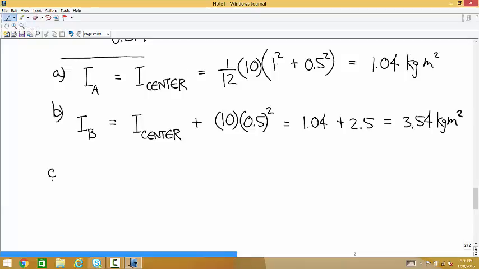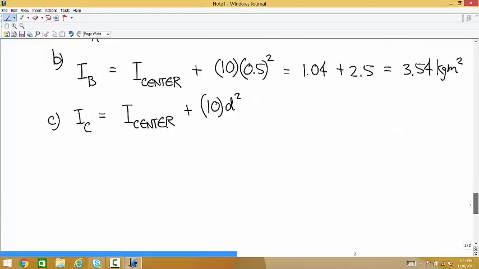And then the last one, the moment of inertia about C. So this is the moment of inertia about the center plus the mass times a distance squared. And let's think about what that distance is here. So here's the rectangle.